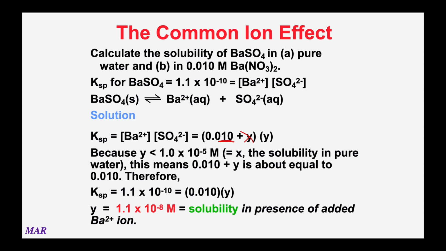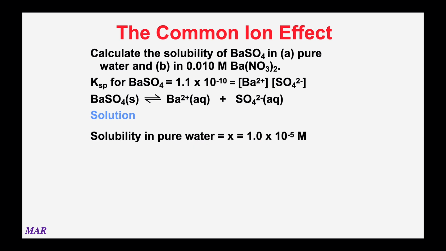The barium ions are common to the KSP equilibria. The barium is making the solubility decrease, all right? The solubility value there is less than the 1.0 times 10 to the minus 5. Barium made the solubility go down. So if you don't want your barium sulfate to break down, you can add a little barium to it. That'll keep the solubility much, much smaller.